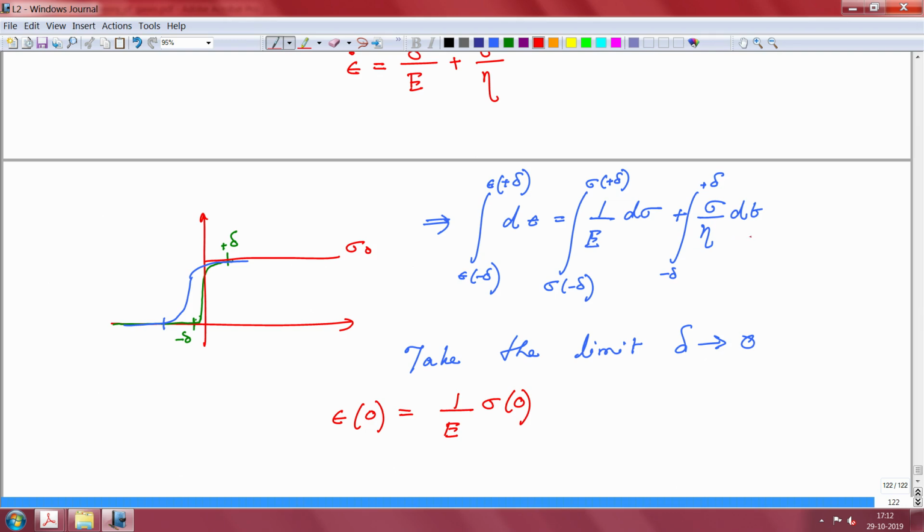And what happens to this last term? This is some stress by some numerical value into 2 delta, but I am taking delta in the limit tends to 0. So, this third quantity's contribution here is 0. Okay. So, this now becomes a relationship between the 2 jumps.